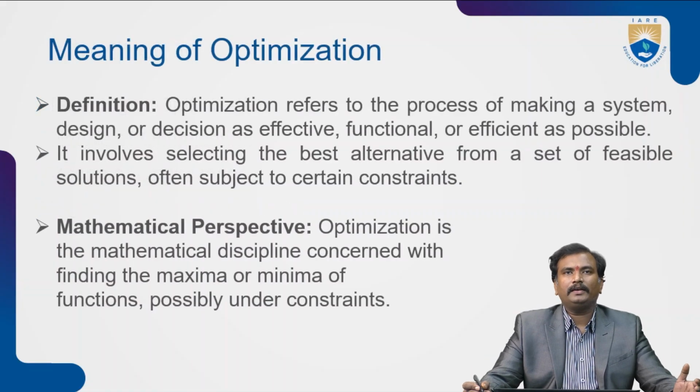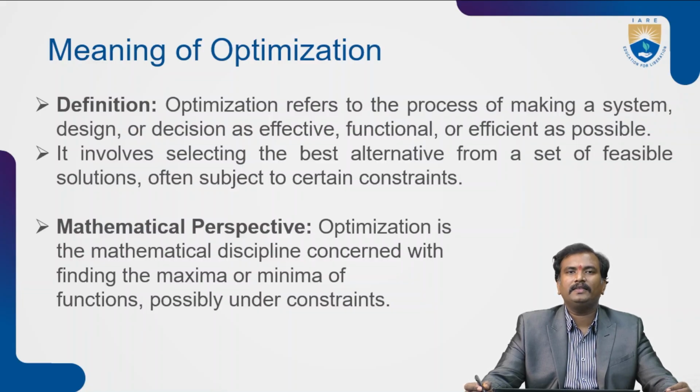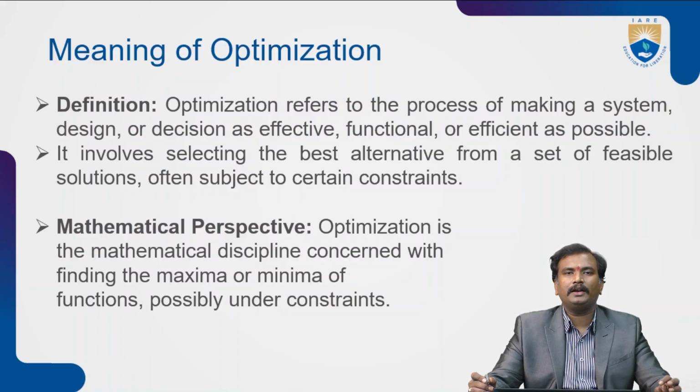The name itself says optimization. It is nothing but something which is going to give us an efficient system. Either it may be maximizing the profit or minimizing the losses. Anything corresponding to maximizing or minimizing will be done with optimization.